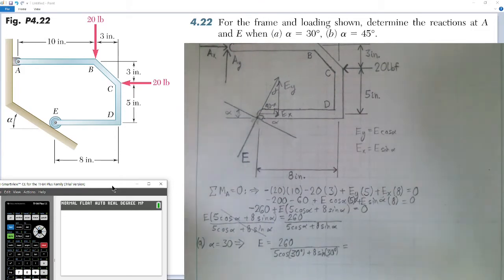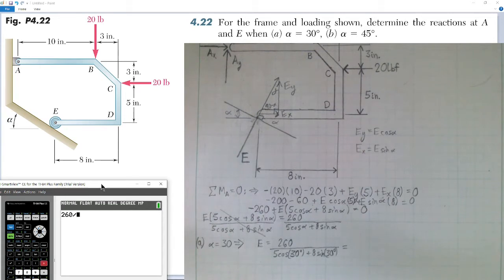So now going to our calculator, we have 260 divided by, in parentheses, 5 cosine of 30 plus 8 sine of 30.